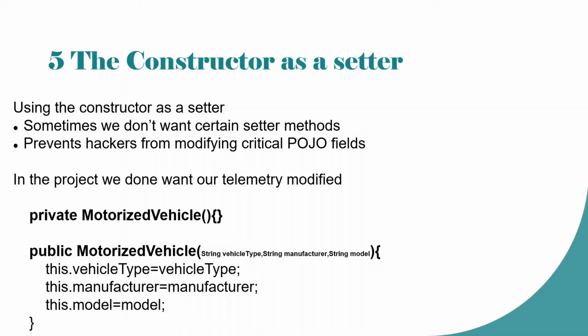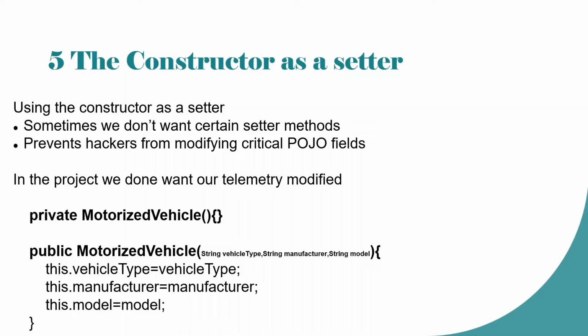If you have setters, a hacker can get access to the code, and he can go and modify the account number with his and the customer name with his, and steal money from the bank by diverting the transactions to his account. So one way to prevent that is to have certain fields that you never expose through setter methods.